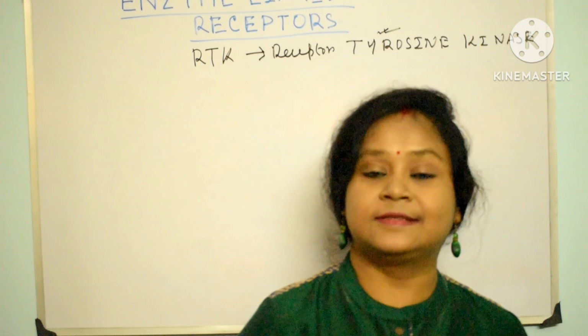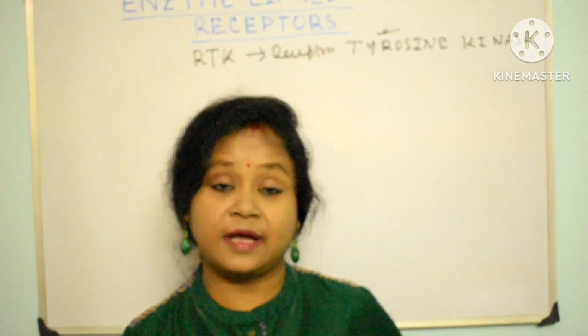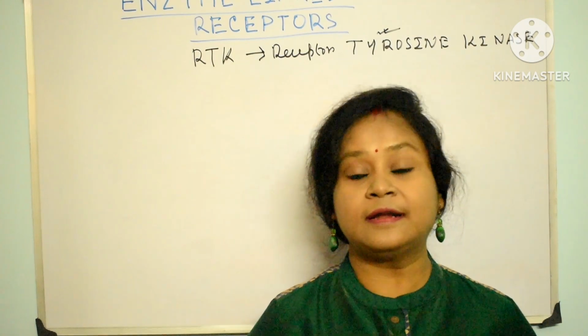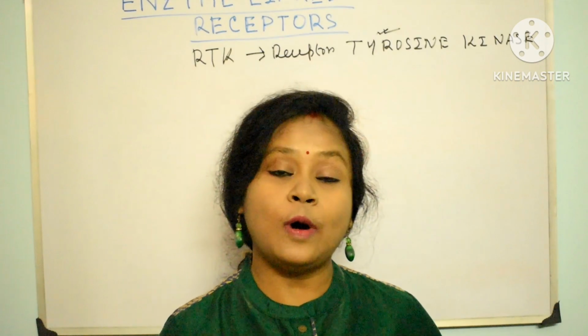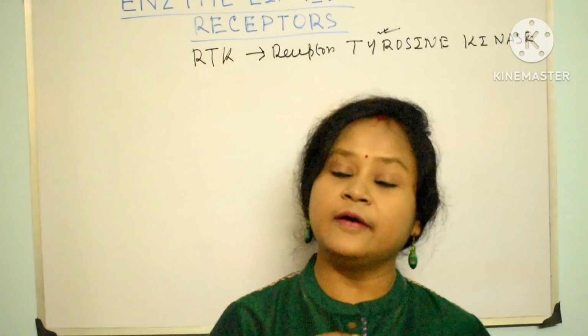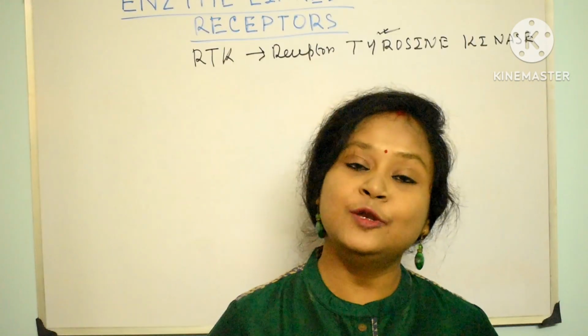In my previous lectures, I have shown how RTK is activated. RTK full form is Receptor Tyrosine Kinase, and after activation, what happens? There are several types of proteins with which the activated receptor may interact.